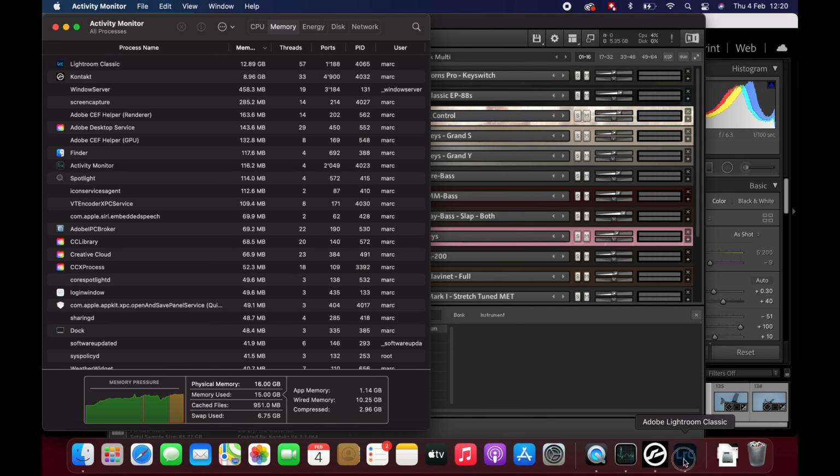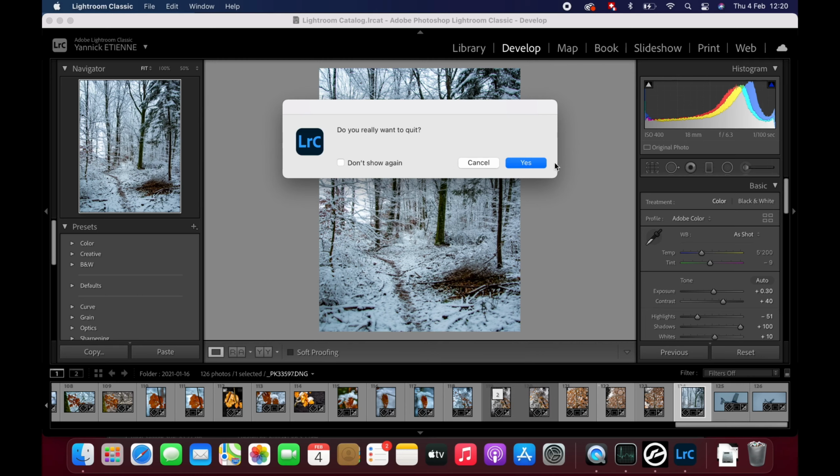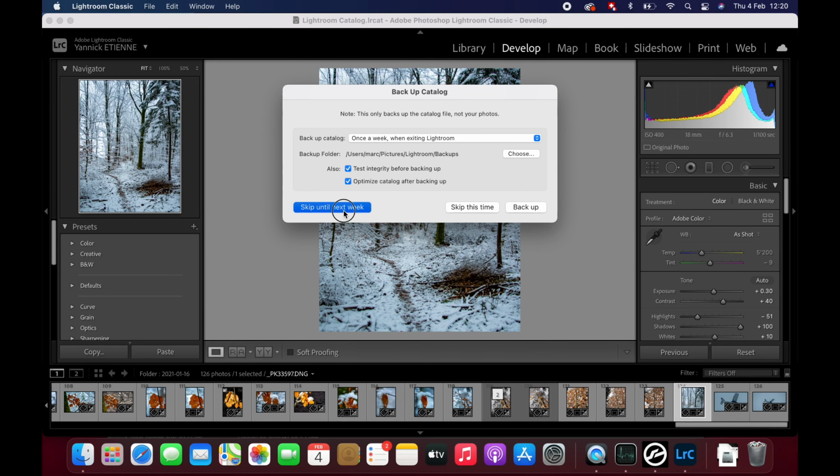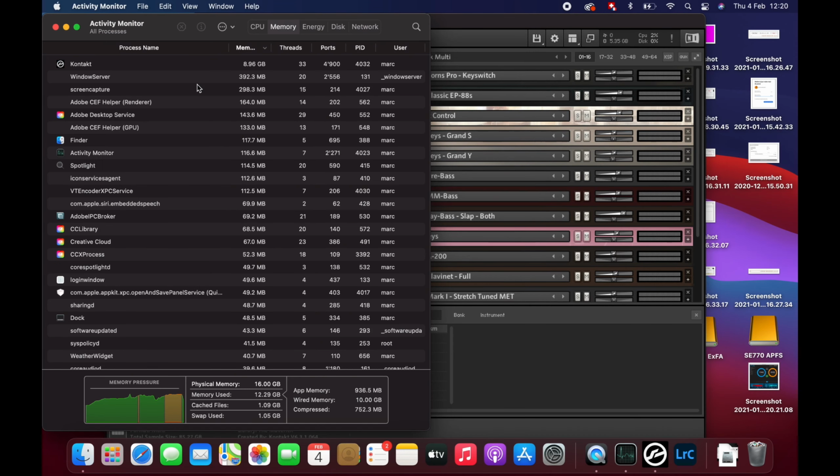Obviously, if I quit Lightroom, I will free up some memory. So Lightroom is away. We have still our 9 gigabytes of Kontakt, but we see that the pressure is going down.